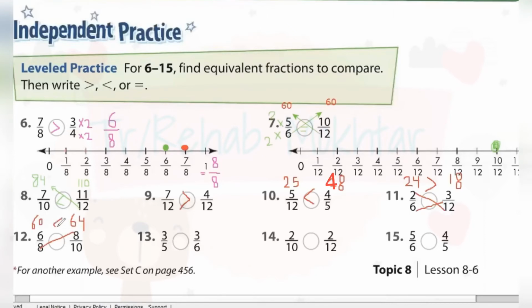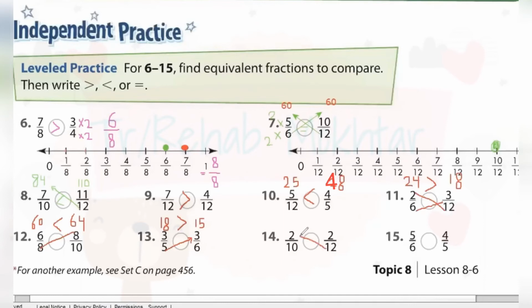So open the mouth. 3 times 5 equals 15. Write 15 up here. 6 times 3 equals 18, which is more? 18. Open the mouth.